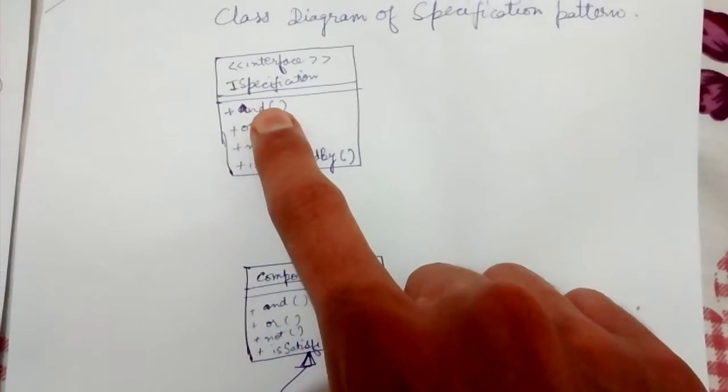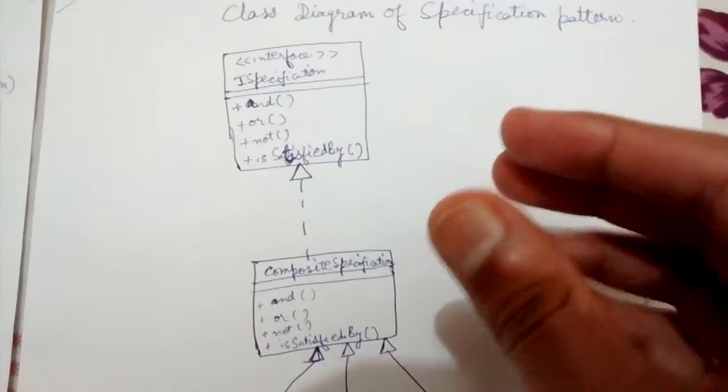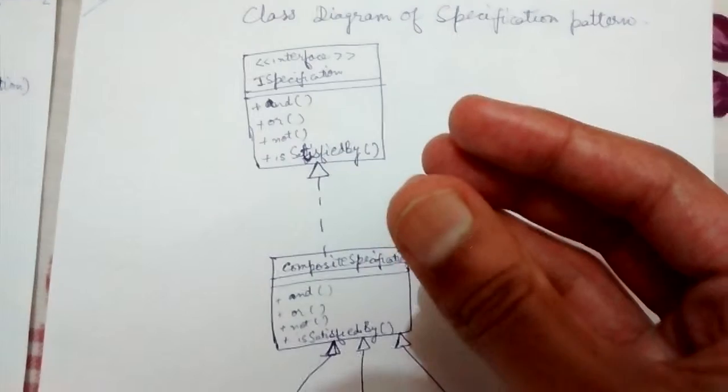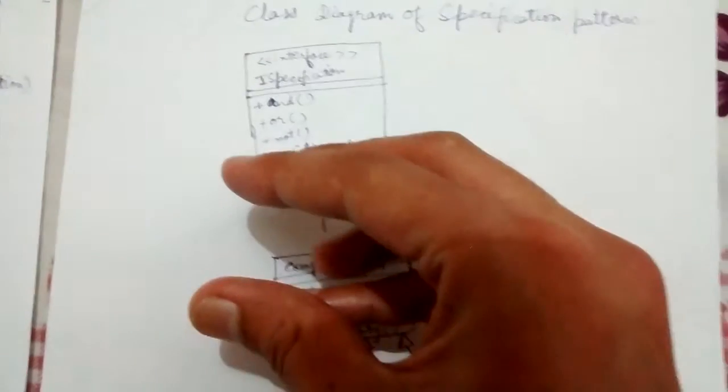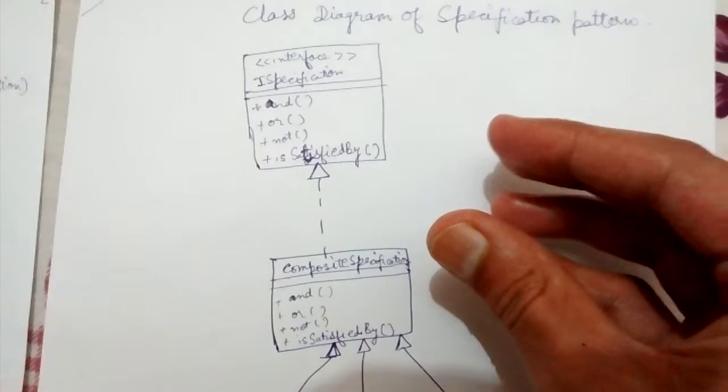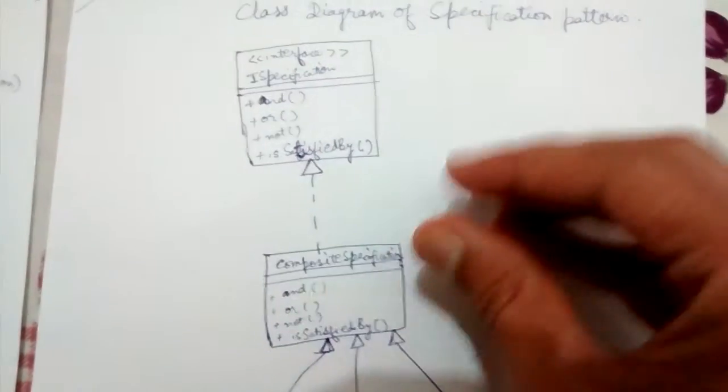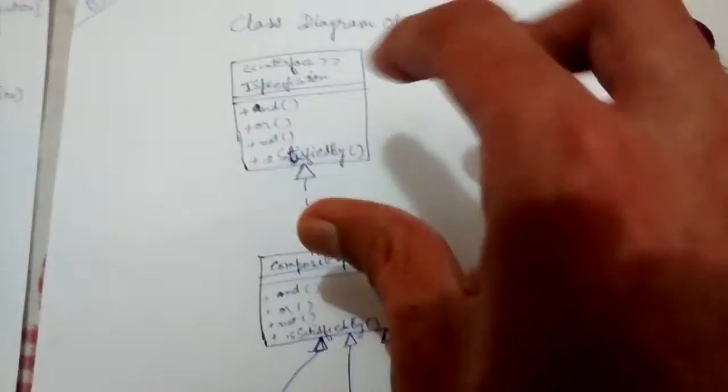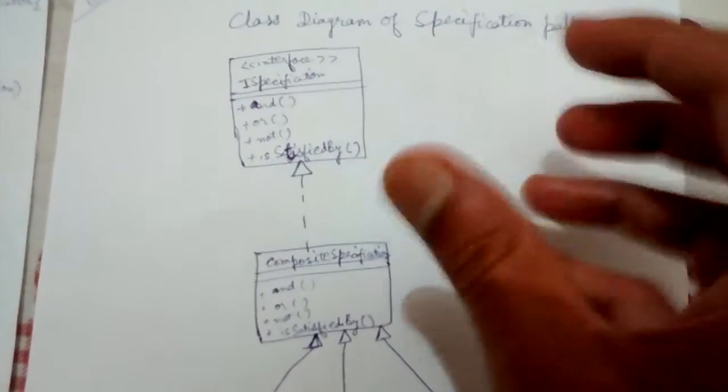So and will provide an object representing myself chained with one more business rule, and or gives me a business object which represents myself chained with another business rule object in a form that if one of them is true, then I say that my overall business rule is being satisfied. So the business rule is defined in that format. Hope you get a feel of what I'm trying to say here.